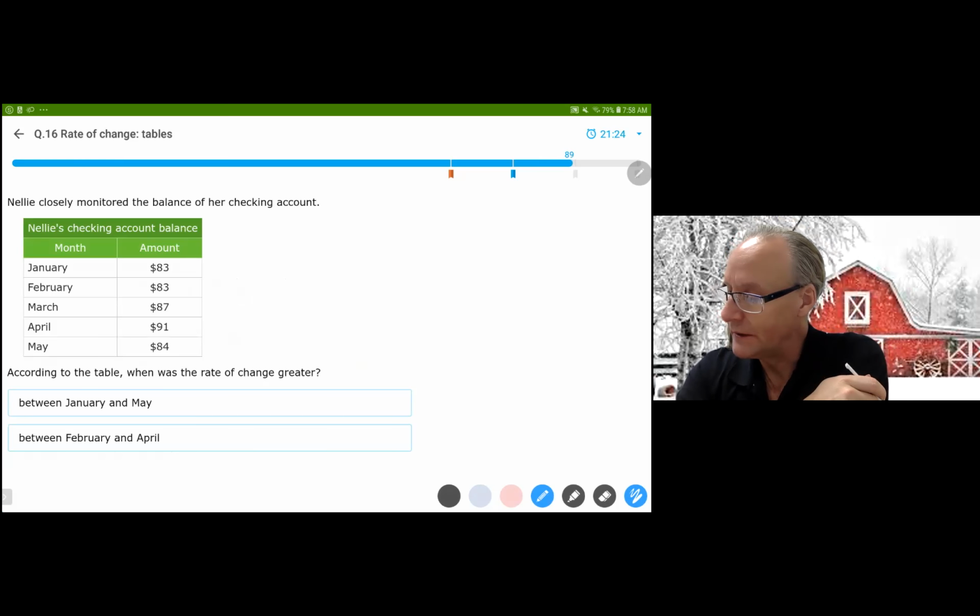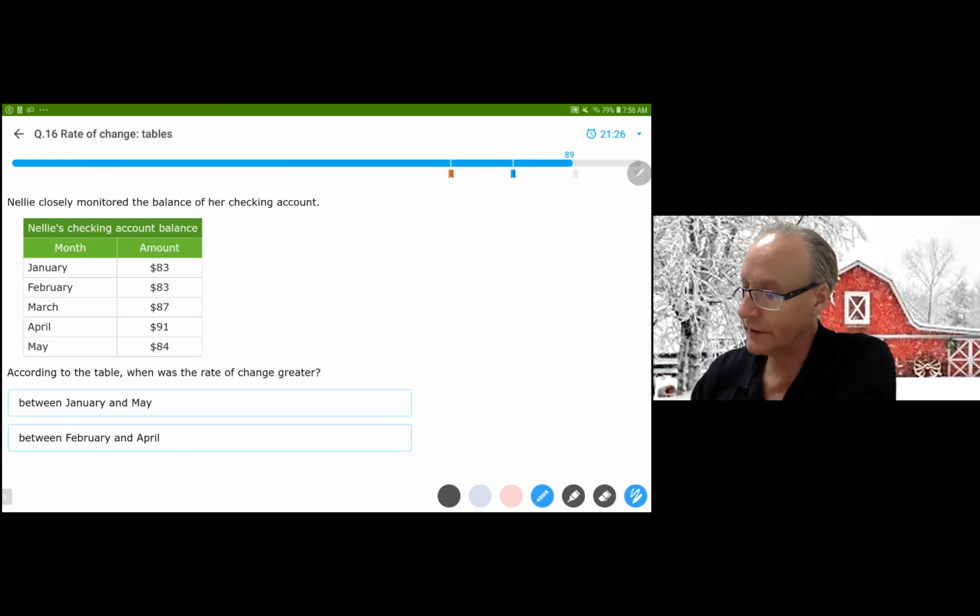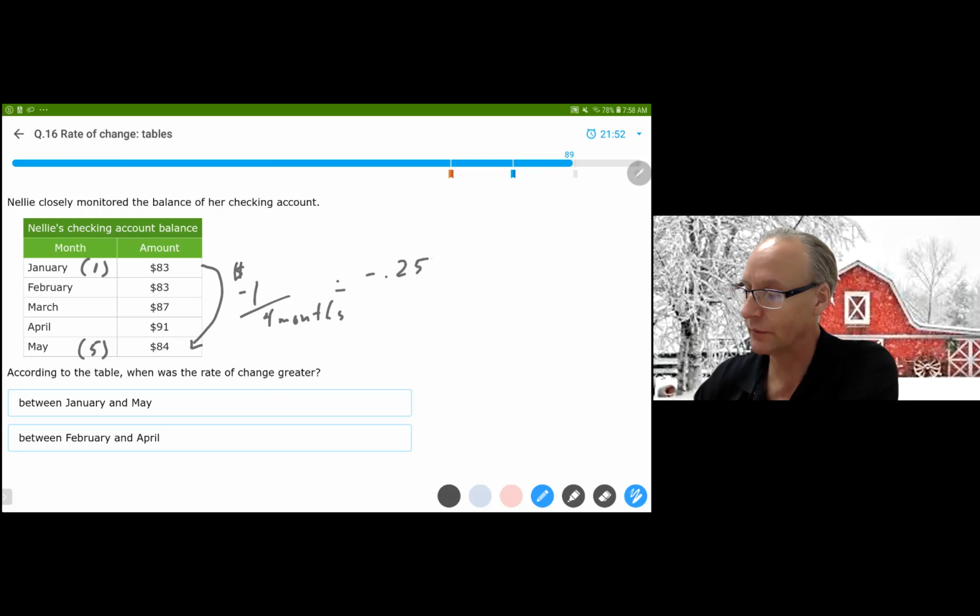When was the rate of change greater between January and May? That's nice of them not to put January in the middle. They could really mess you up with that, because January is month 1 and May is month 5. So we're talking about 4 months in there. From January to May, it went down $1 over a period of 4 months. So the rate of change was minus 25 cents per month between January and May.